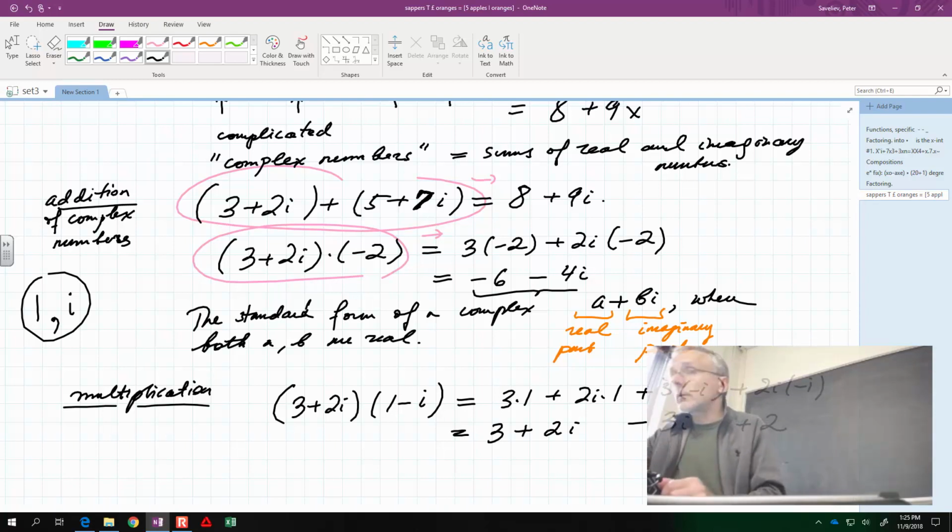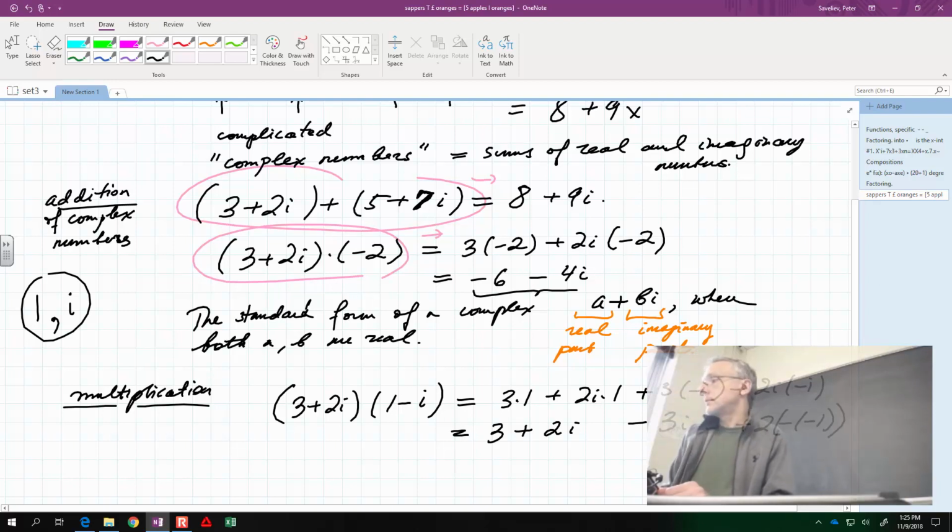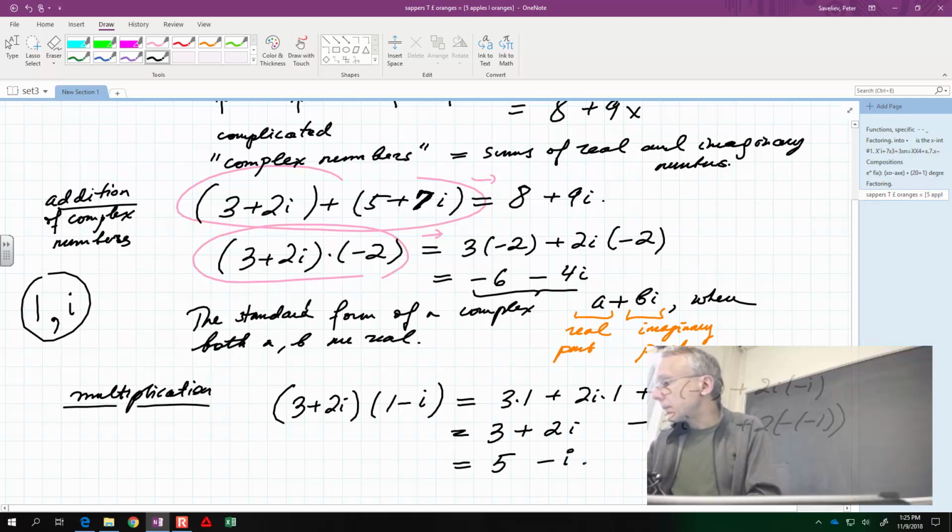Maybe I'll write it out more carefully: 2 times minus 1. Then I put the real with real, imaginary with imaginary. I then have 5 minus i. And that's all there is.